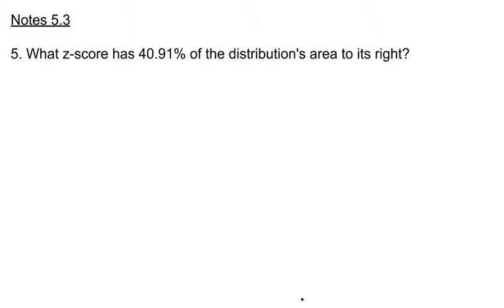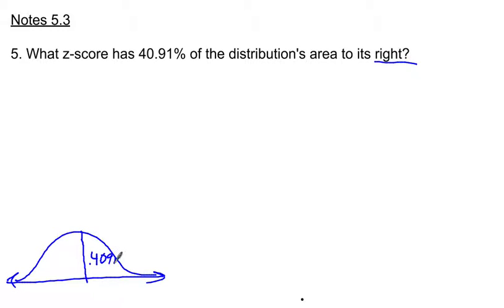Here in problem number 5, we're just looking at what z-score has 4.91% of the distribution's area to its right. So keyword: to its right. Just like example number 4, if that's the area to the right, we need to find the area to the left, so just subtract from 1, and that will equal 0.5909.